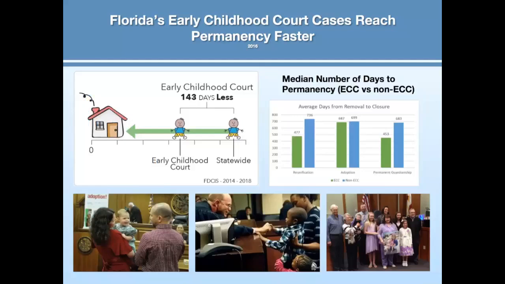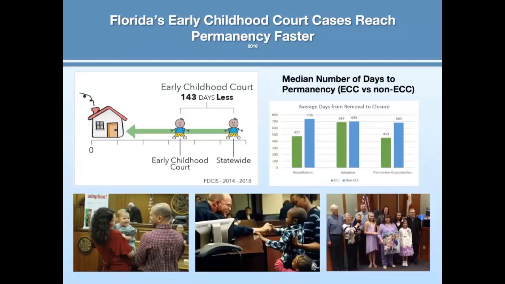So this is our data from the last 4 years, from 2014 to 2018, that our kids in early childhood court are getting to permanency. Now, permanency means either they're reunited with a family or they are adopted or permanent guardianship, but they're getting to permanency about 4 months faster than the statewide average.